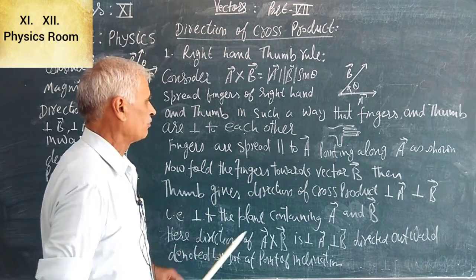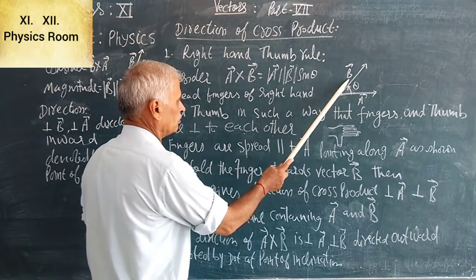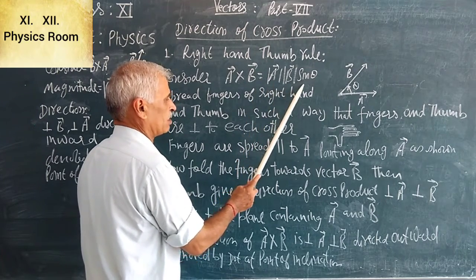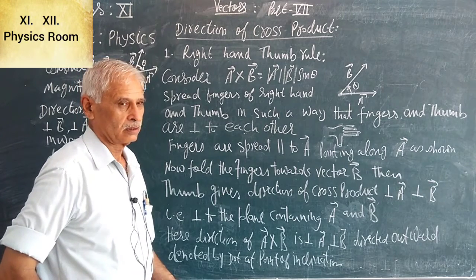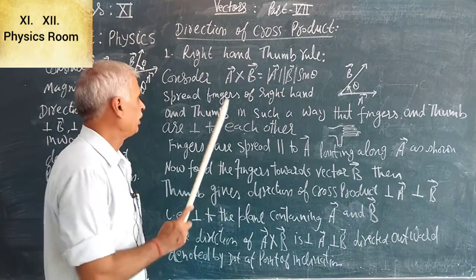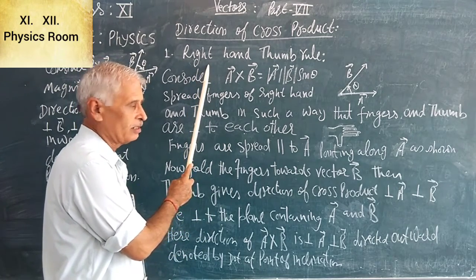Now consider the cross product of two vectors A and B. Its magnitude is equal to mod A mod B sin theta. What about direction? The direction is found by the right hand thumb rule. So what is the right hand thumb rule?